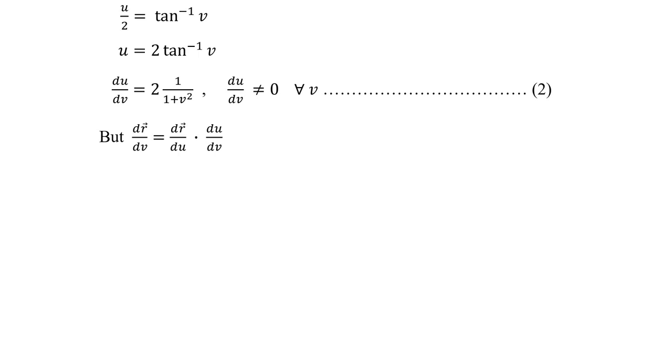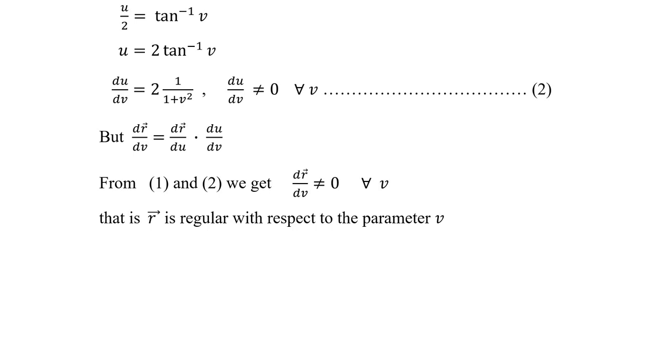We may write dr by dv equal to dr by du into du by dv. From 1 and 2, you can clearly say that dr by dv is not equal to 0 for every v. So R vector is regular with respect to the parameter v, as it was regular with respect to the parameter u.